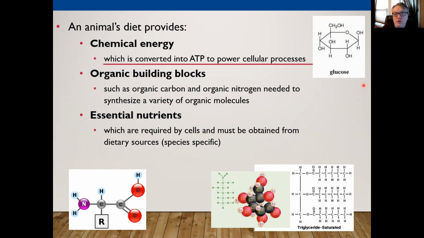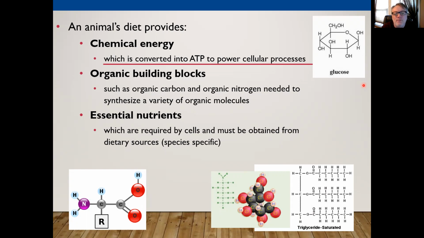Instead, we have to convert glucose, which is going to be the primary fuel used to generate ATP. And we also need to consume the organic building blocks, those substances that contain carbon and organic nitrogen, in order to synthesize all of our organic molecules, which is what it means to be heterotrophic, meaning we cannot synthesize our entire set of organic molecules needed for life.